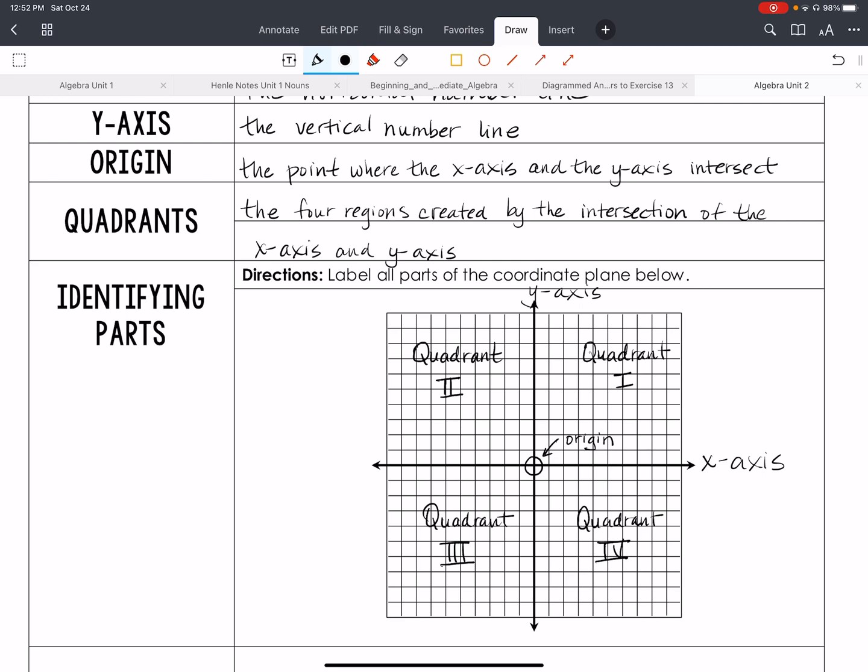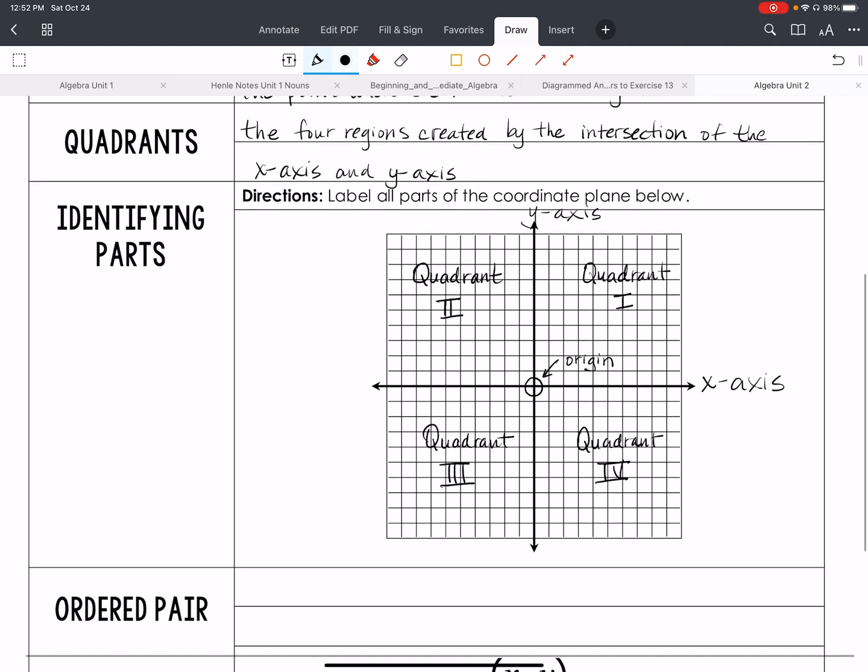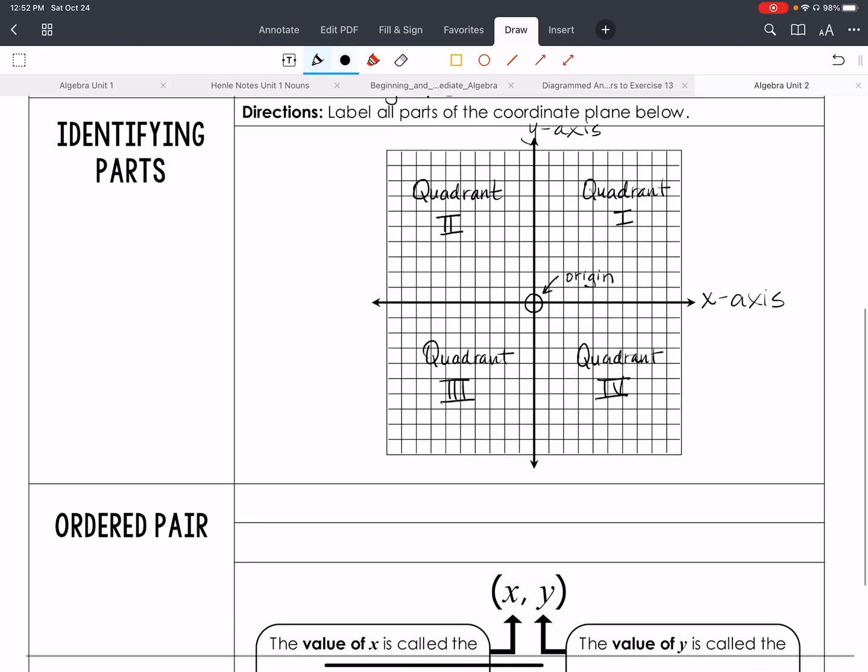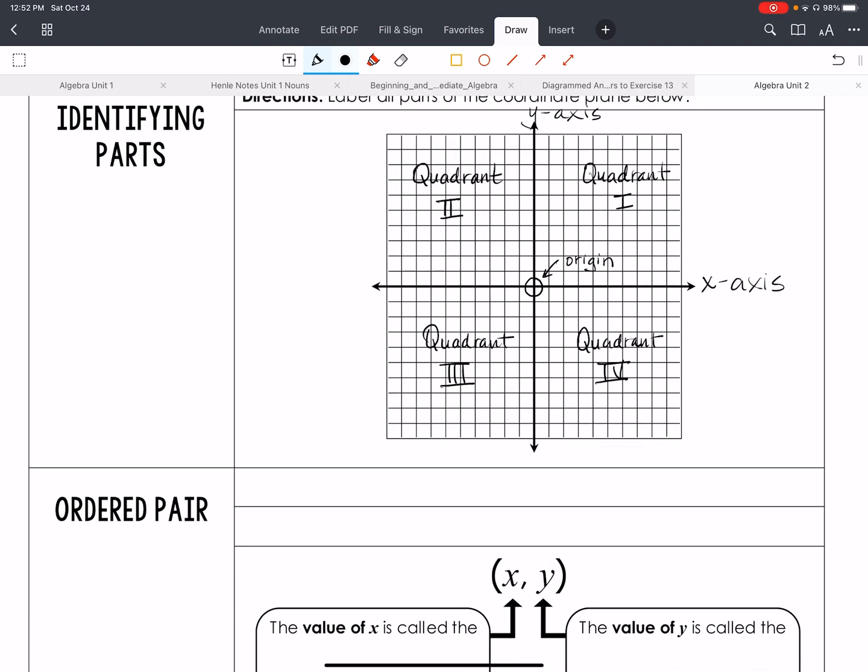So we can discuss what basic quadrant our points are in or our graph is in, depending on where our graph has landed on the coordinate plane.